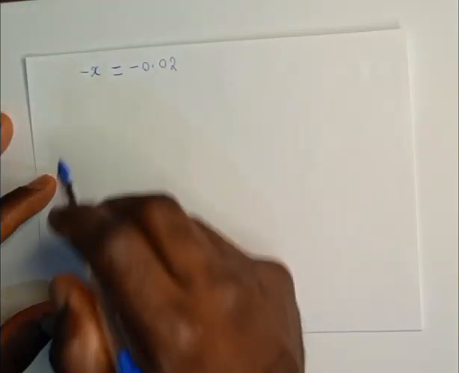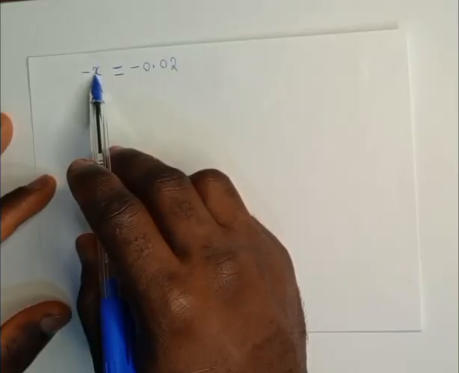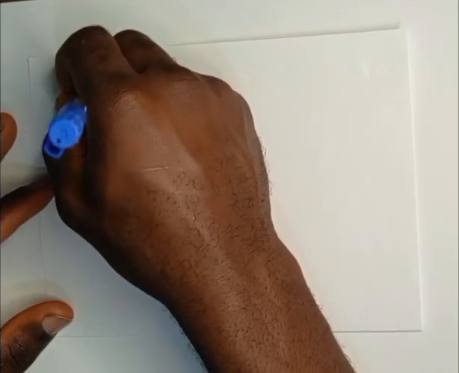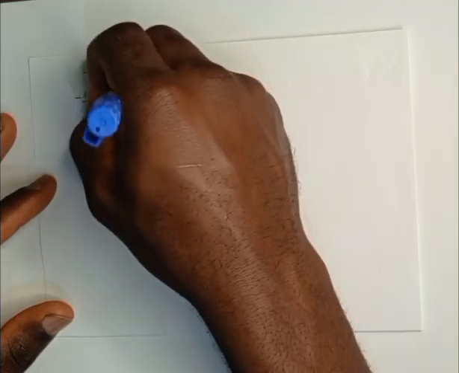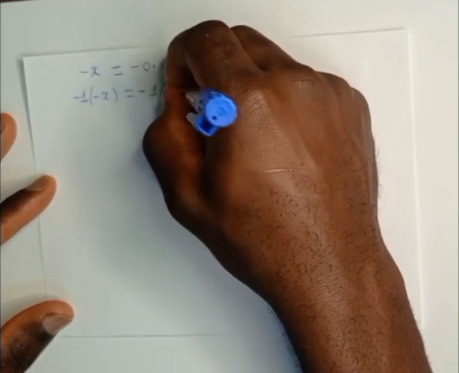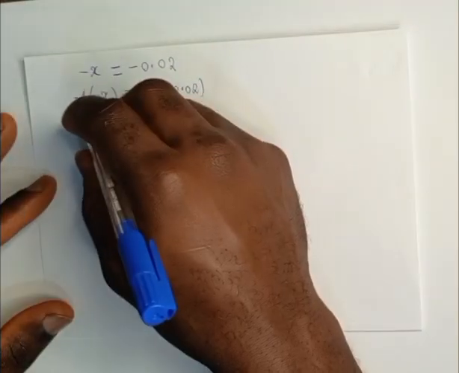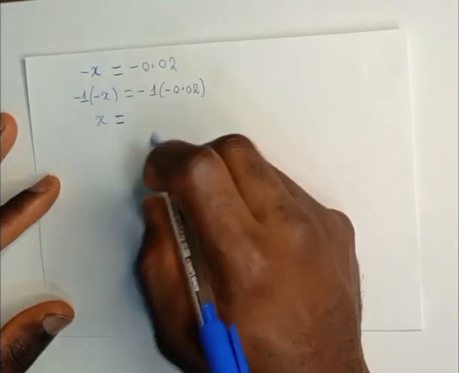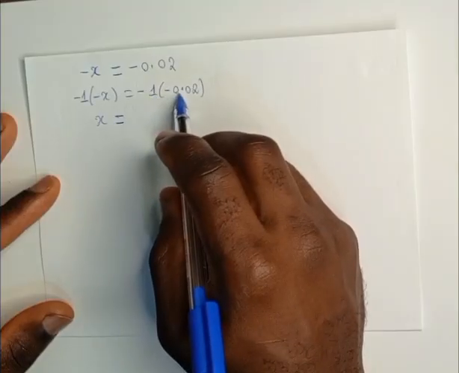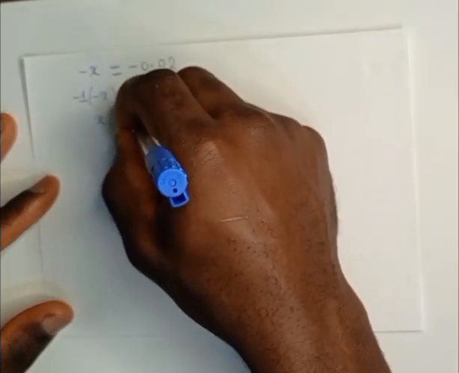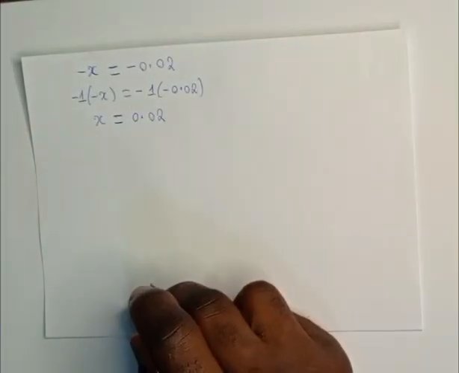Next, for us to eliminate the negative sign in front of x, we are going to multiply both sides by negative 1. Negative 1 times negative x is equal to negative 1 times negative 0.02. Negative 1 times negative x gives us x to be equal to negative 1 times negative 0.02 gives us 0.02. This is the value of x.